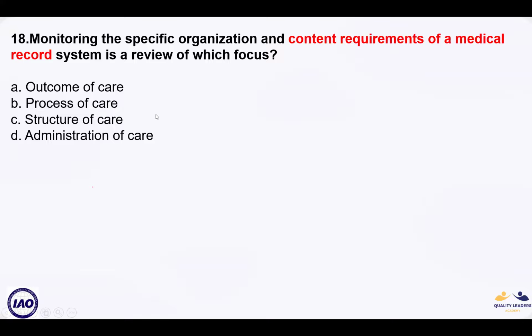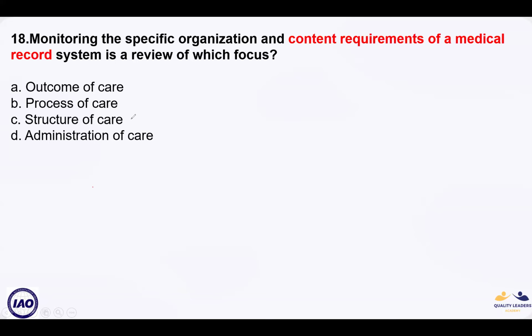Now, if you measure the rates or the outcomes, that will come under the outcome of care. Now coming to the options, outcome of care is a result of care, not applicable to systems organizational requirements. Process is clinical activities, but again, this is not it.